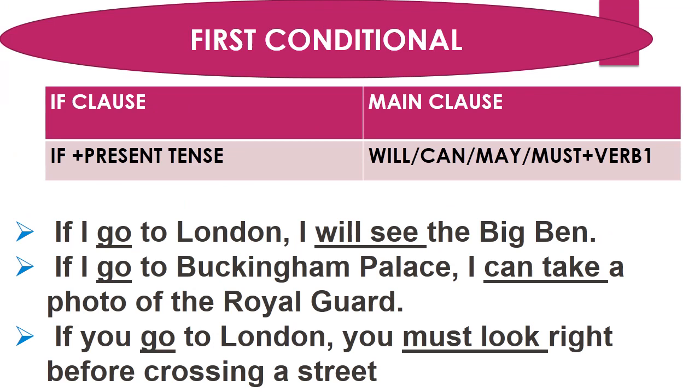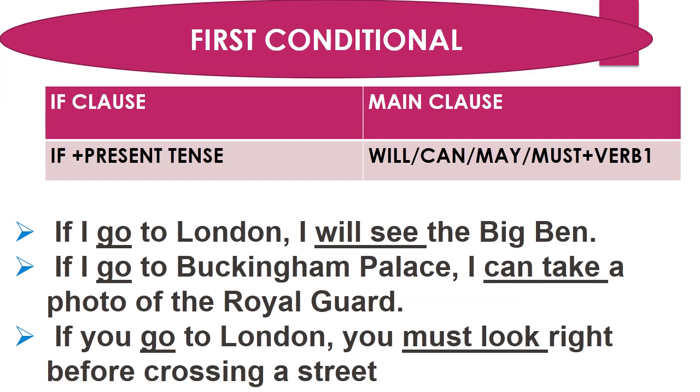Next is first conditional. In this conditional sentence we use if plus present tense in if clause, and in main clause we use will or can or may or must plus first form of the verb. This is called first conditional.